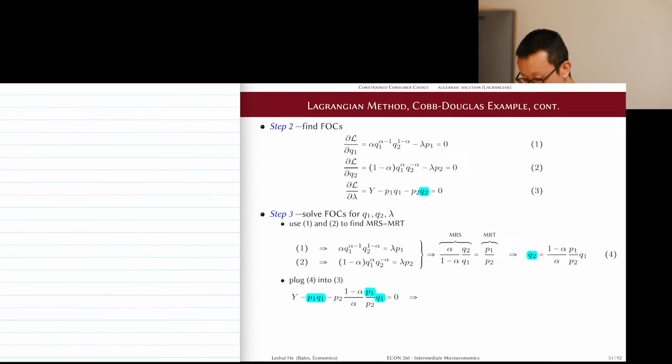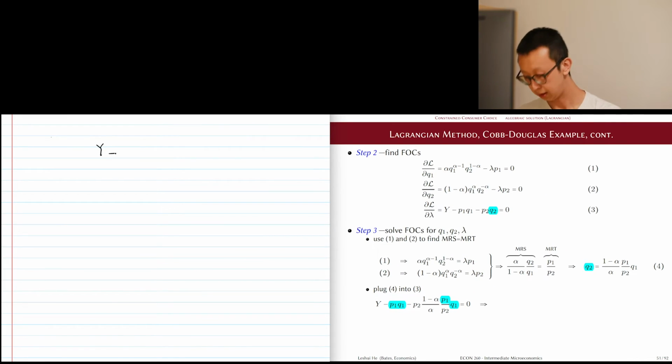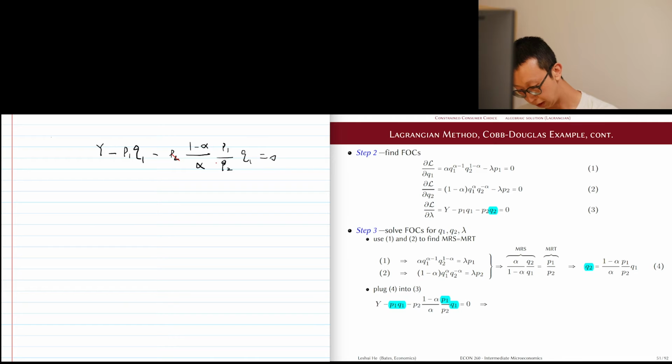We can write y minus P1 Q1 minus P2 times 1 minus alpha over alpha times P1 over P2 times Q1 is equal to 0. But we already said that P2 and P2 cancel out. And we have P1 Q1 here and P1 Q1 here.